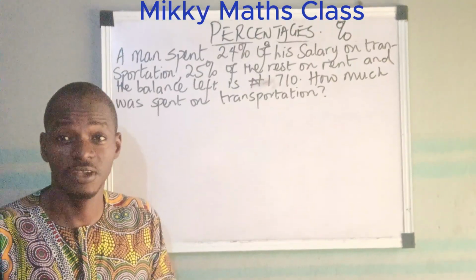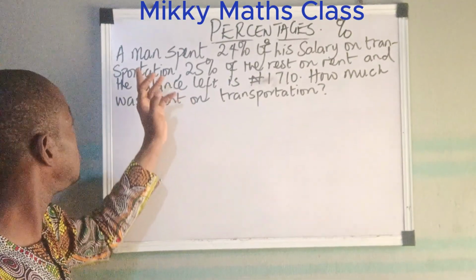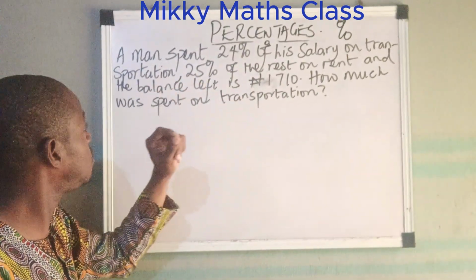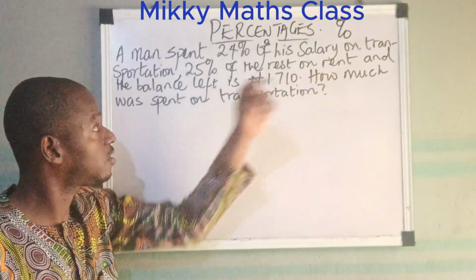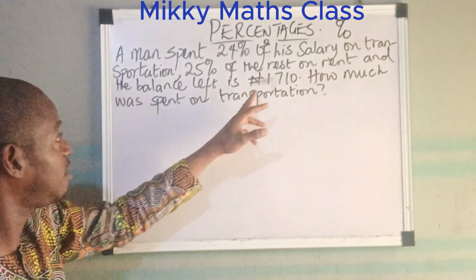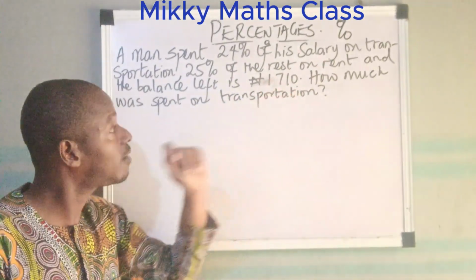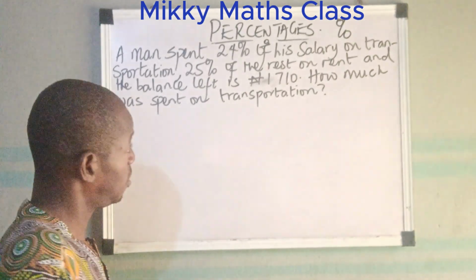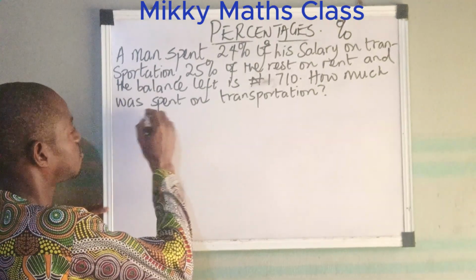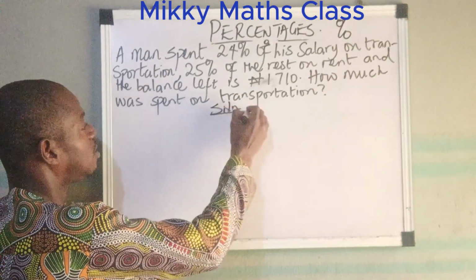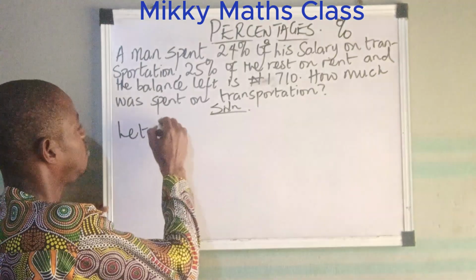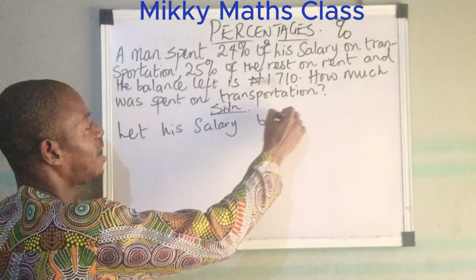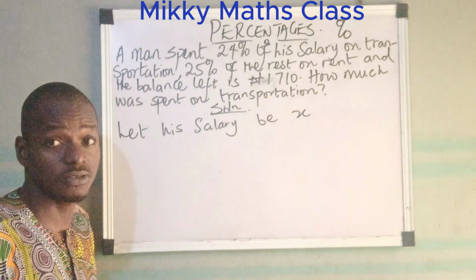Alright, let's look at the second example. It says a man spent 24% of his salary on transportation, 25% of the rest on rent, and the balance left is 1,710 naira. How much was spent on transportation? Now, the first thing we do, solution: let his salary be represented by a variable, let's say x.